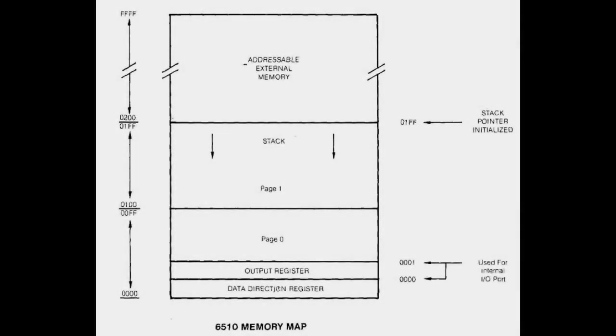This is the memory map of the 6510, always from the official data sheet. And we see that the two I/O port registers are located at the bottom of the memory. And so the question is, what do we find after reset on these two locations?